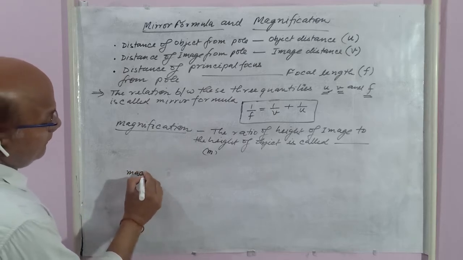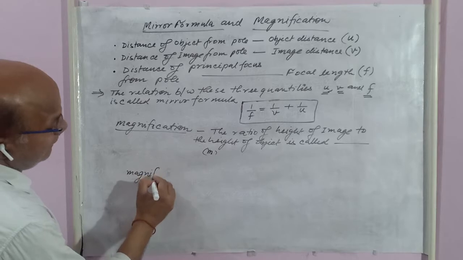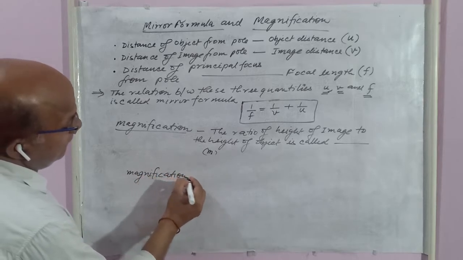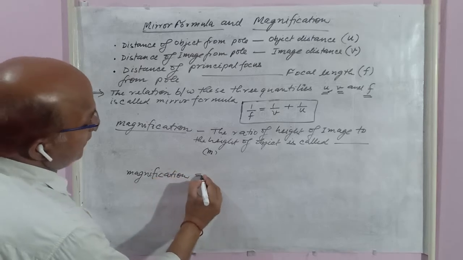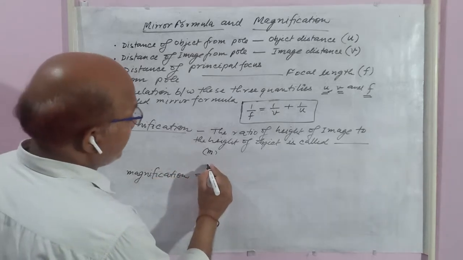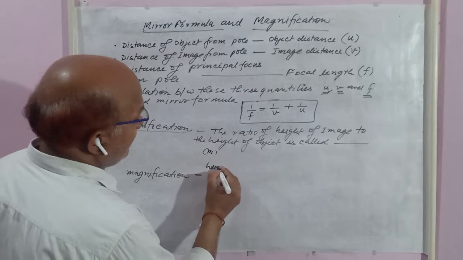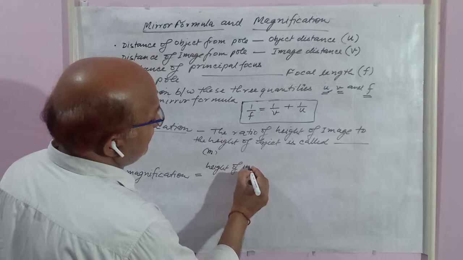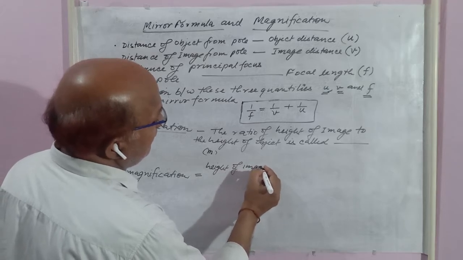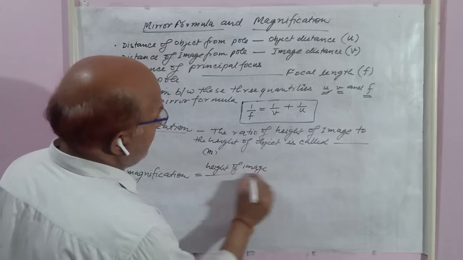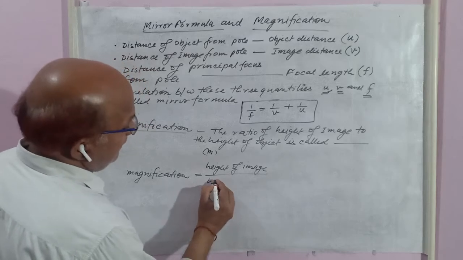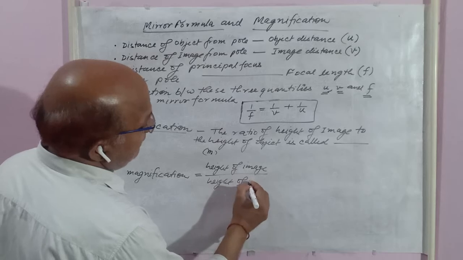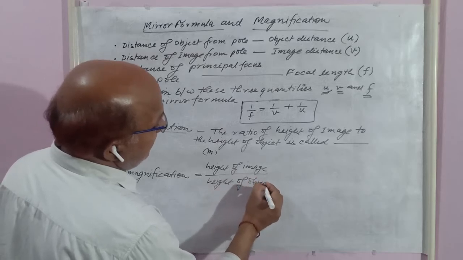Okay, so magnification is equal to height of image upon height of object.